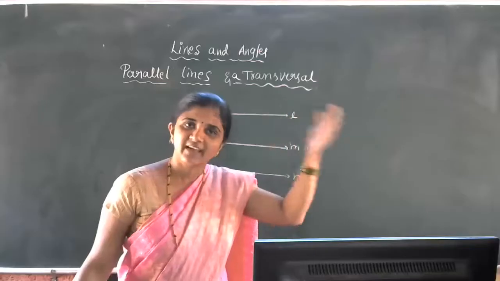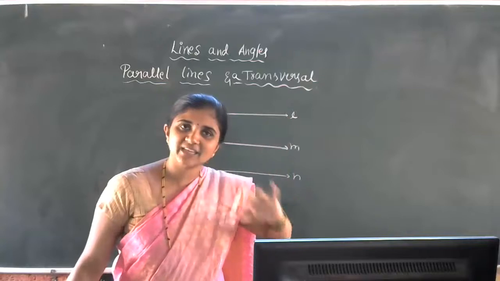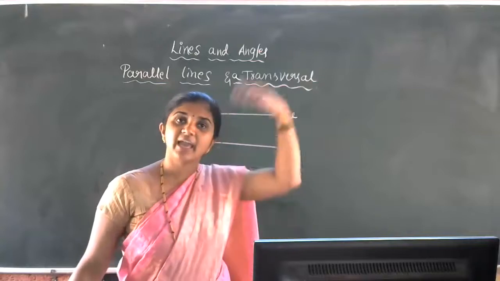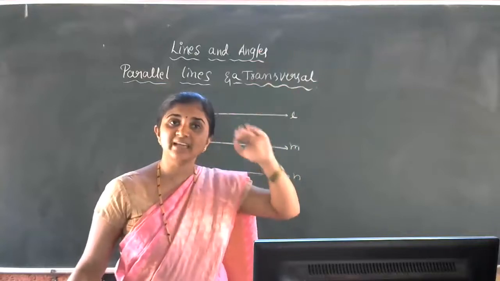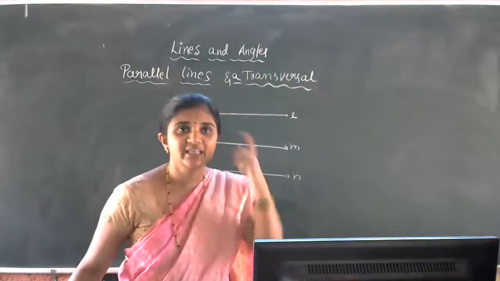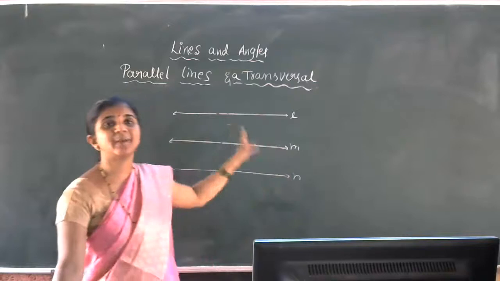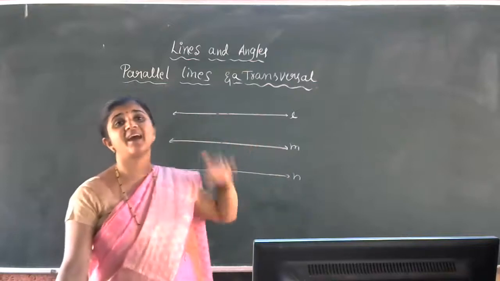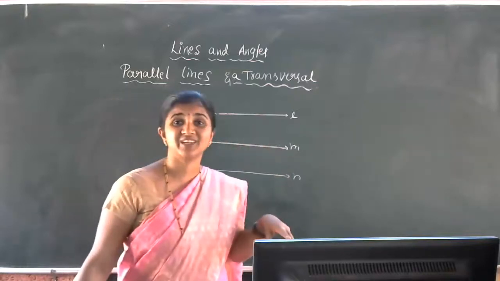AB is equal to CD, CD is equal to EF, therefore AB is equal to EF. The lines which are equal to the same line are equal to each other. In the same way, if the lines are parallel to the same line, then they are parallel to each other.